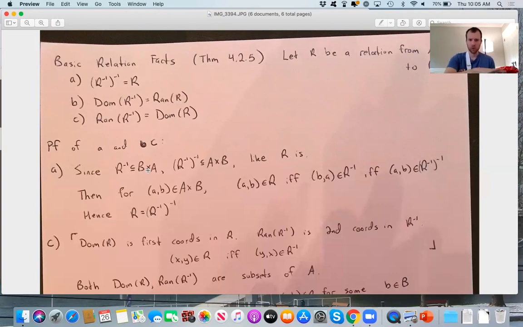So this says we're living on the same sets, so the fact that they're equal, there's not something obviously wrong with that statement.